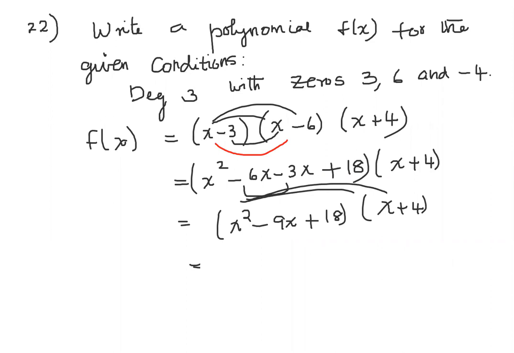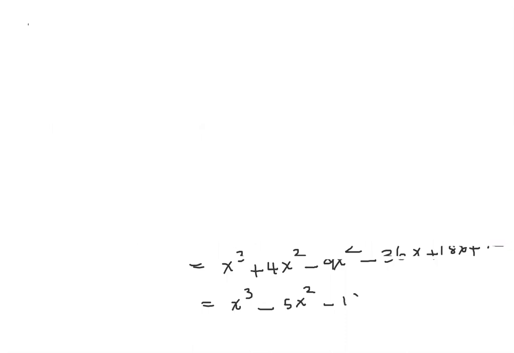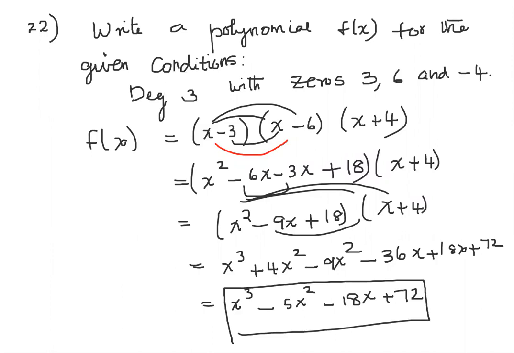So we get x to the third plus 4x squared. Then minus 9x squared minus 36x plus 18x plus 72. So you multiply the polynomial and combine the like terms. Minus 18x plus 72. So this is the required polynomial we got.